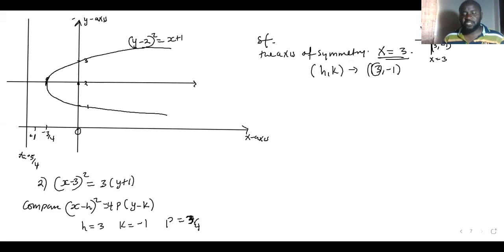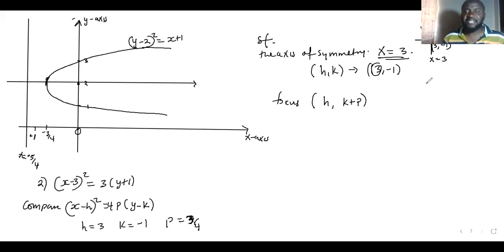So this is trying to be different from the other one. Now in this case, because h is not changing, to look for the focus, this time round it will have h as a constant, whereas it will have that k, which is -1, added onto the p.